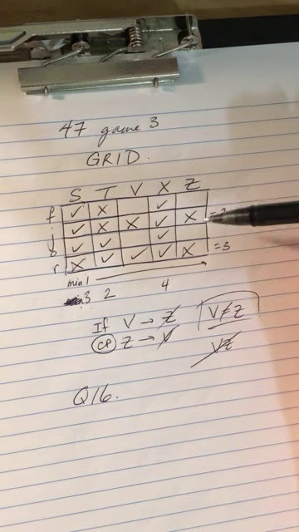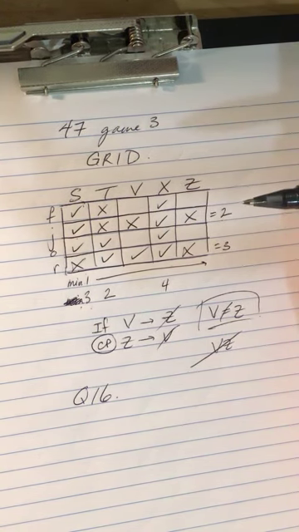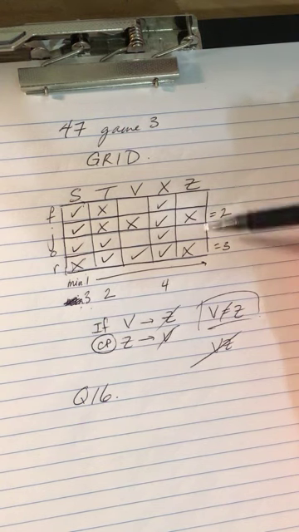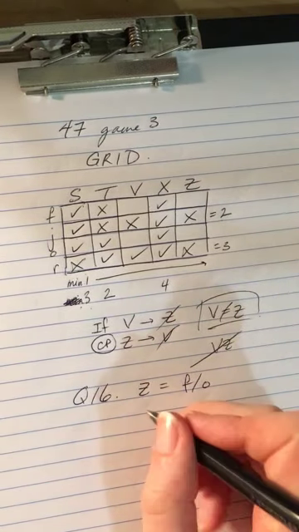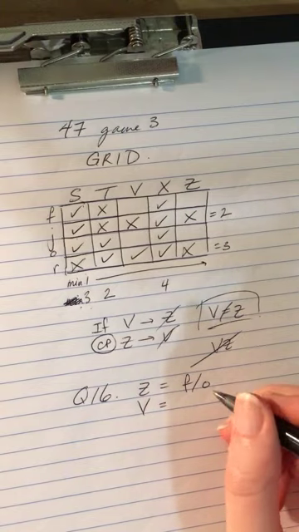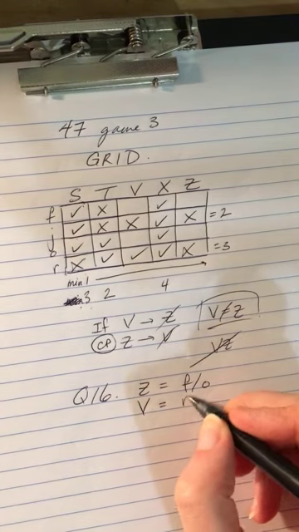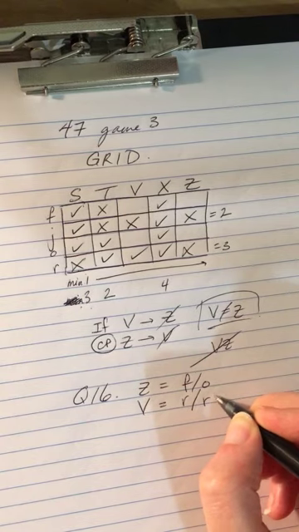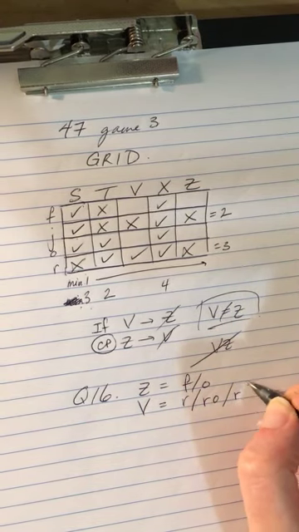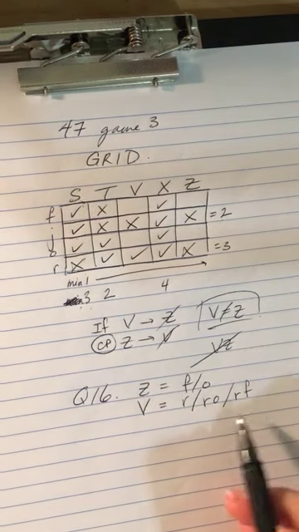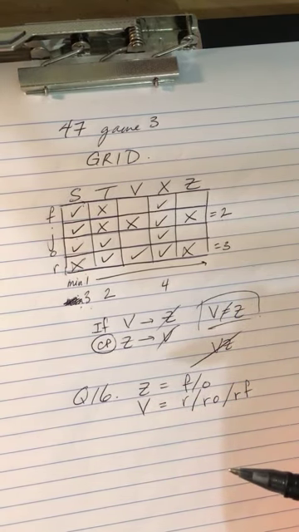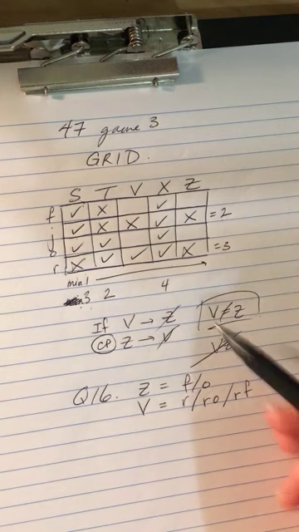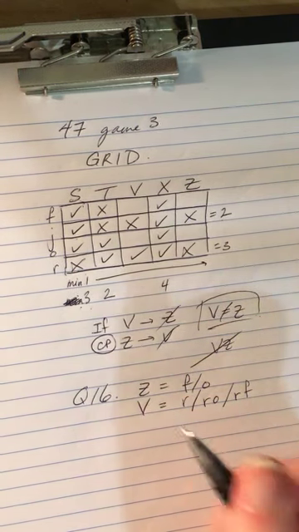I mean, Z's going to have to carry either folk or opera, which is good to know. So Z is folk or opera, not both. V could carry just rock, could carry rock and opera, or could carry rock and folk. But it cannot carry both opera and folk, because Z has to carry one of them, and of course V and Z can't have any in common.